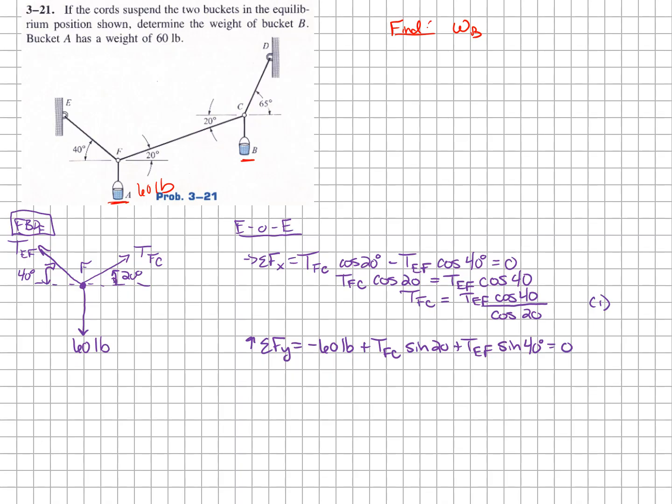So solving, I'm moving the 60 pounds over to the right. TFC sine of 20 degrees plus TEF sine of 40 degrees is equal to 60.